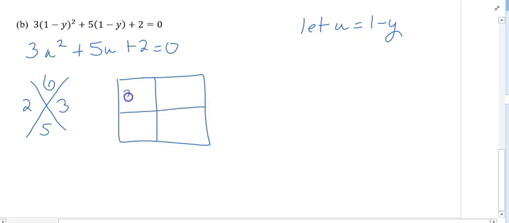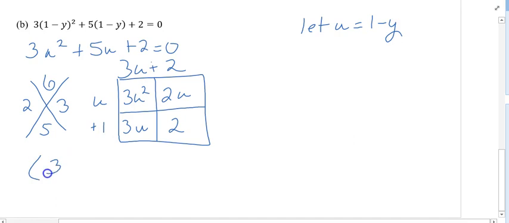So let's see, we get 3u squared, 2u, 3u, 2. This is going to give us 3u, this is going to give us a positive 2, this is going to give us a u, and that's a positive 1. So we know we're going to factor here to (3u plus 2)(u plus 1), and we know that equals 0.